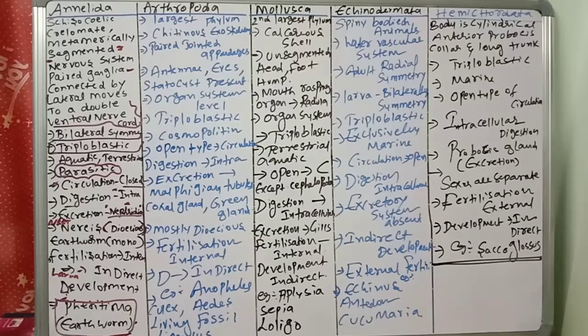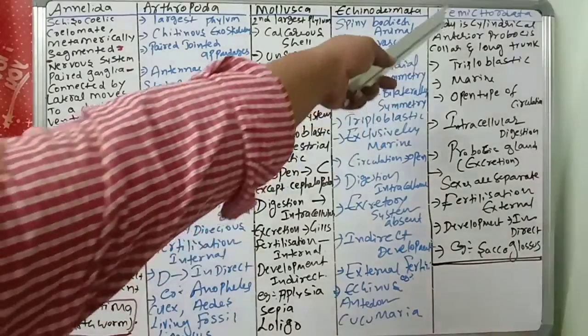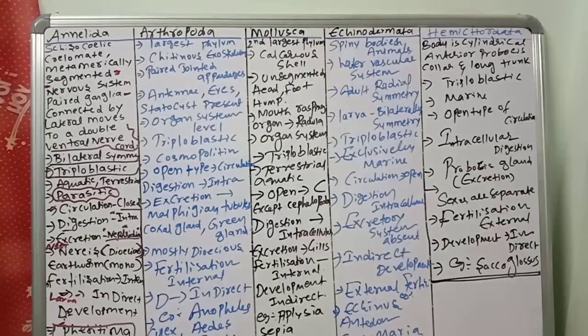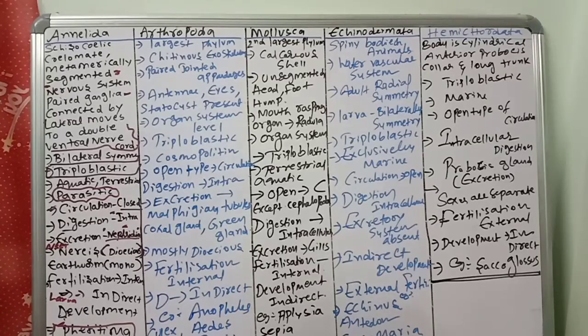Next, Hemichordata. First of all it was a subphylum of vertebrates, but now they changed it into a phylum of invertebrates, Hemichordata. Good morning, children. So one more phylum, that is Hemichordata.